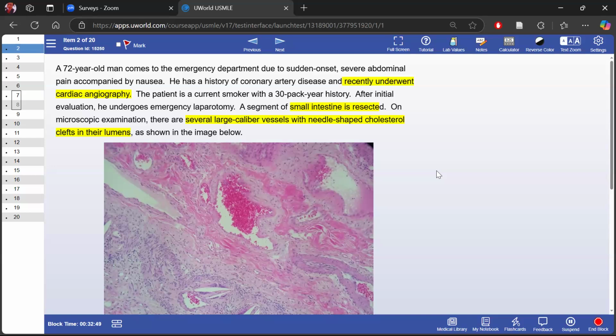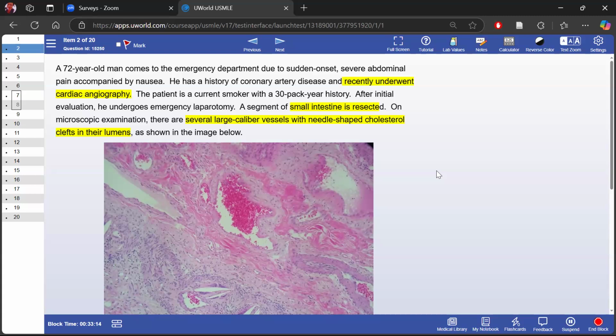When we do cardiac angiography, we are inserting catheters into the arteries. We enter through the femoral artery, for instance, go back through the iliac arteries, enter the aorta, and go all the way down to the coronary artery. So in the process of catheterization, we can disrupt atherosclerotic plaques in the aorta, and the core of those plaques contains cholesterol.